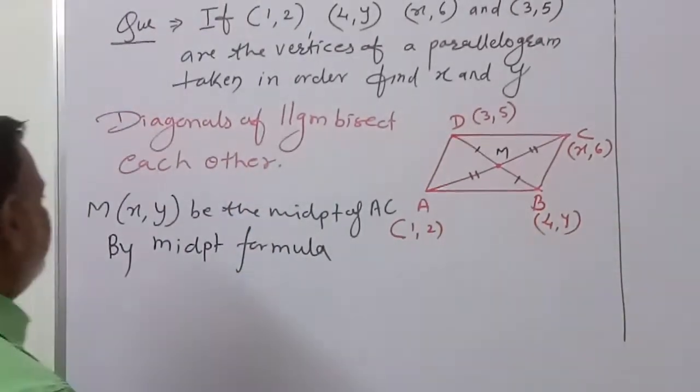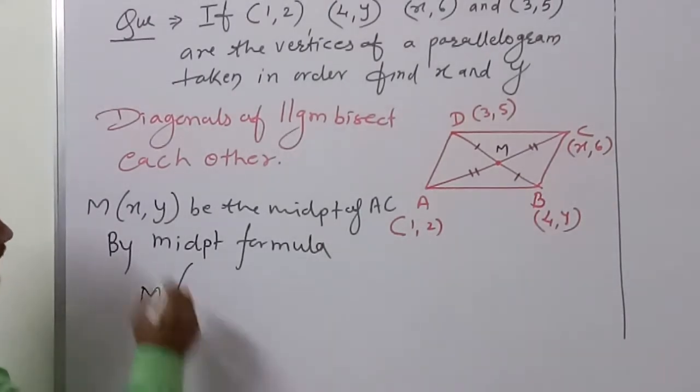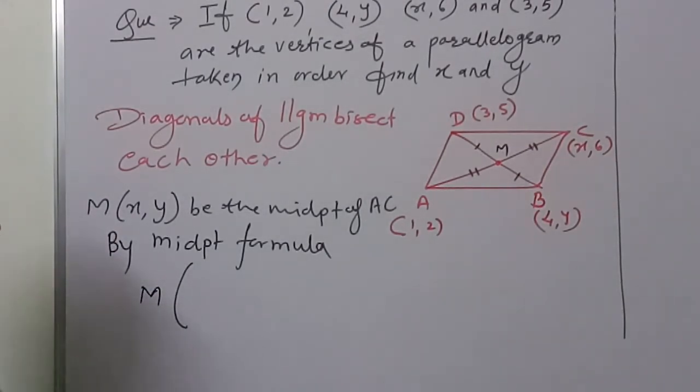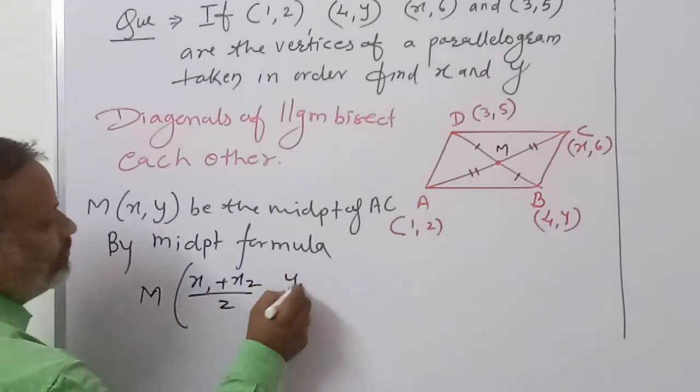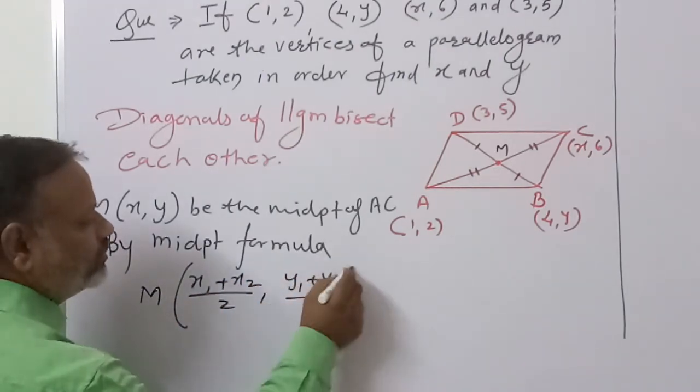The formula for the coordinates of M is (x1 plus x2) upon 2 and (y1 plus y2) upon 2.